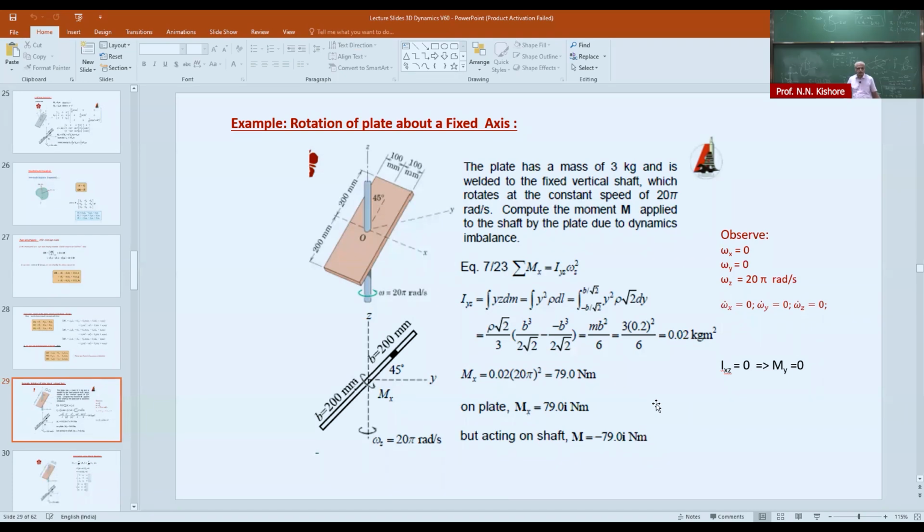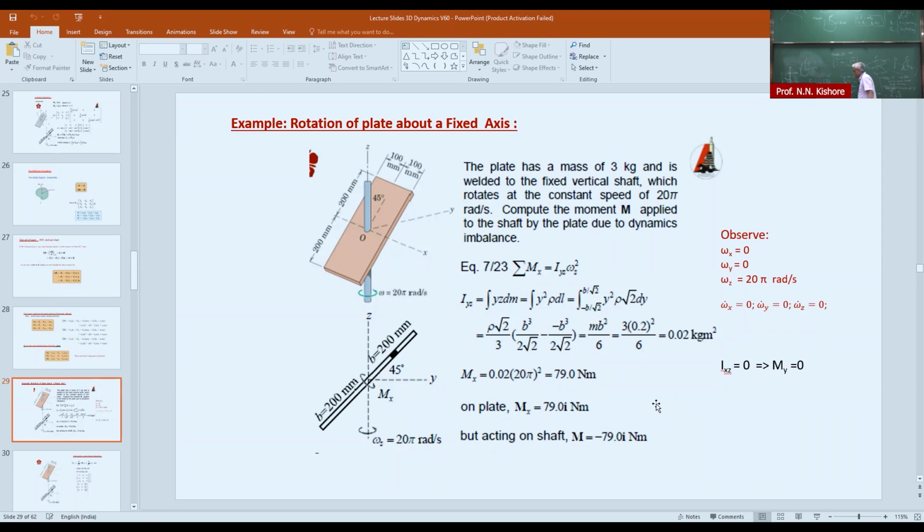So if you have two equal and opposite forces, Fx and minus Fx here, then it will create a moment about y. Since we require a moment Mx here, it will be equivalent to two equal and opposite forces Fy at the bearings. So you require that kind of force to be applied on the plate, or on the other hand, the plate will be exerting that kind of opposite forces on the bearings.